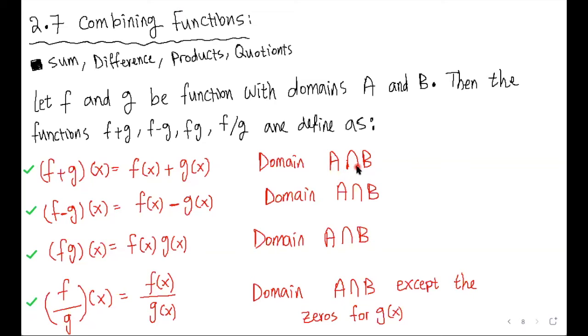I'm going to explain more during the example how to find the intersection between both domains. Only for the division, the domain is A intersect B, and we also have to remove the zeros of the denominator for this fraction, or the zeros of g of x.